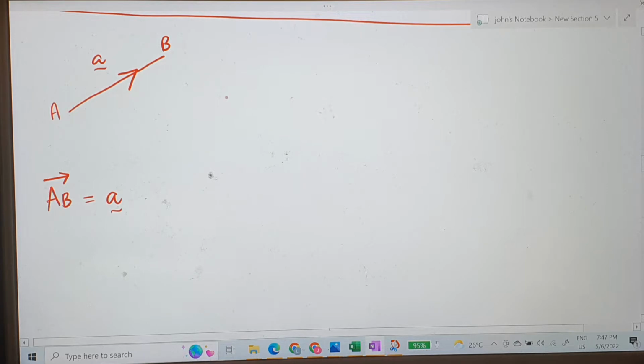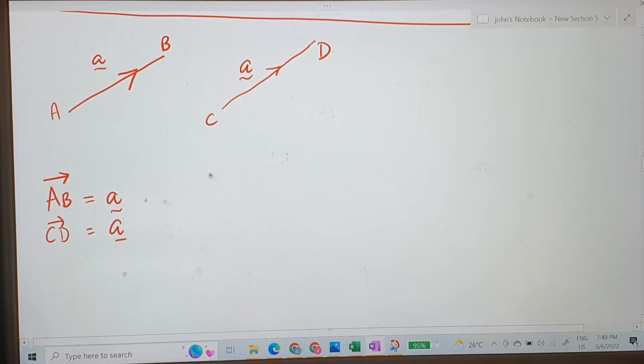Now if I have another line that is parallel to this AB, let's call this CD. Parallel to it, not only parallel but having the same length, then this would be vector A also. That means CD will be equals to A also.